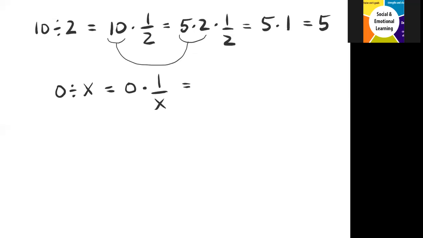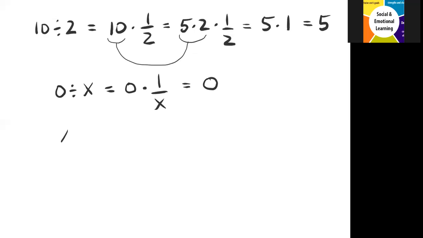Zero. Yeah, anything multiplied by 0 is 0. So we don't even have to mess around with fraction rules here. Anything multiplied by 0 is 0. That's the rule forever.